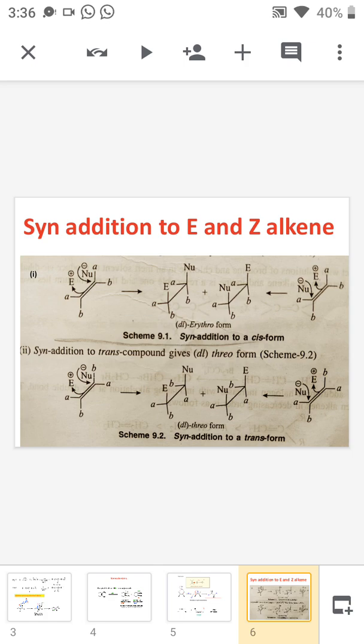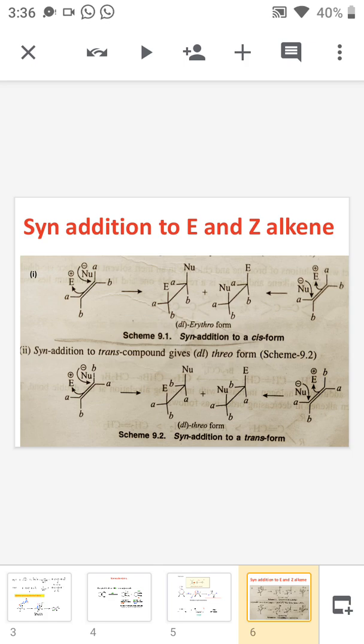See, in the first example I have shown, the doubly bonded carbon atom is attached to two substituents A and B. If both A's are on the same side, then we call it Z alkene, and if both A and B are on opposite sides of the doubly bonded carbon atom, then we call it E alkene.